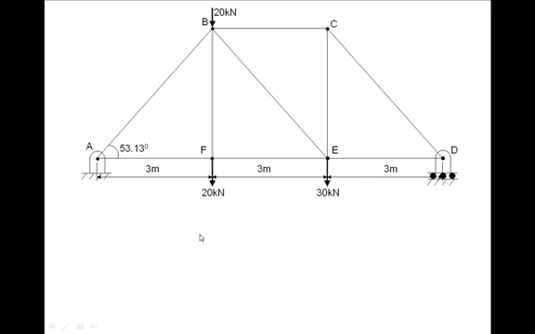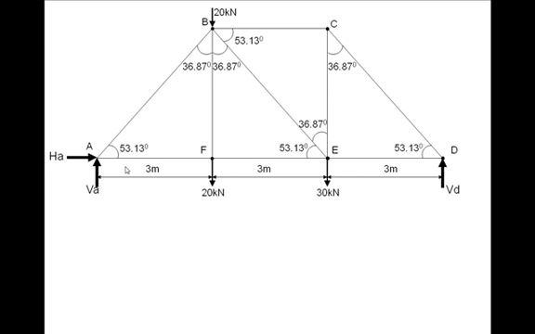Okay, now here is a truss, and suppose I just want the force in member BC. That's all. Now the first step, finding the support reactions, is the same as in method of joints. Though you see, geometry will be known to you. You replace the supports by appropriate reactions and do sigma fx equal to 0, sigma fy equal to 0, sigma m equal to 0 for the entire truss.